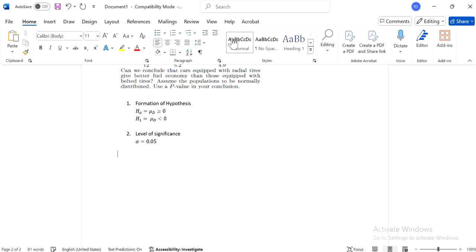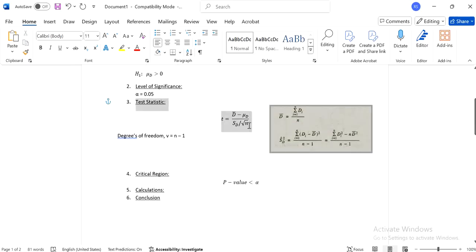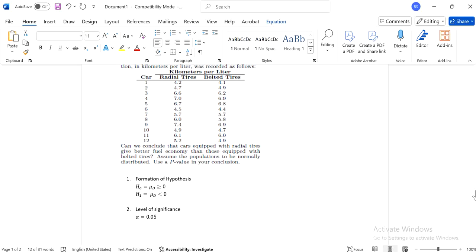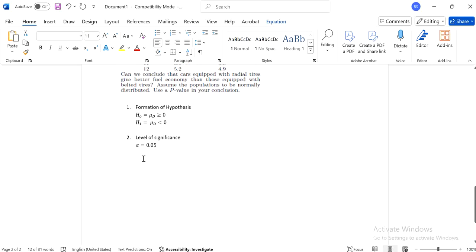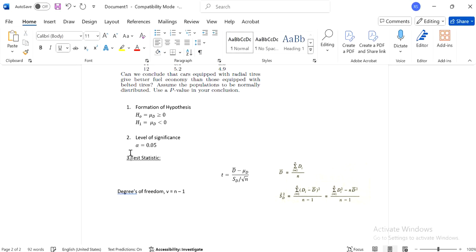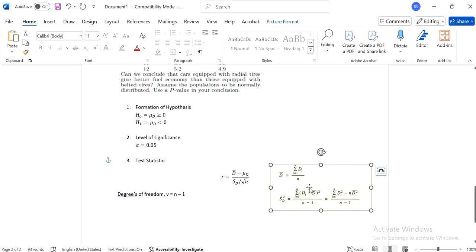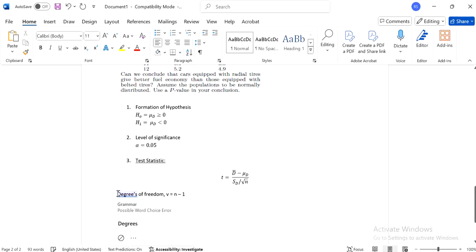Obviously I have mentioned the formula for this case here. So this is the test statistic with degrees of freedom, which is n minus 1.